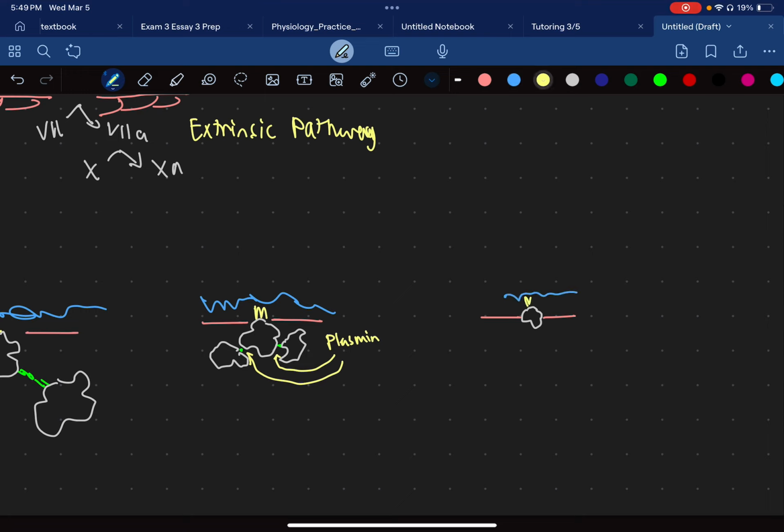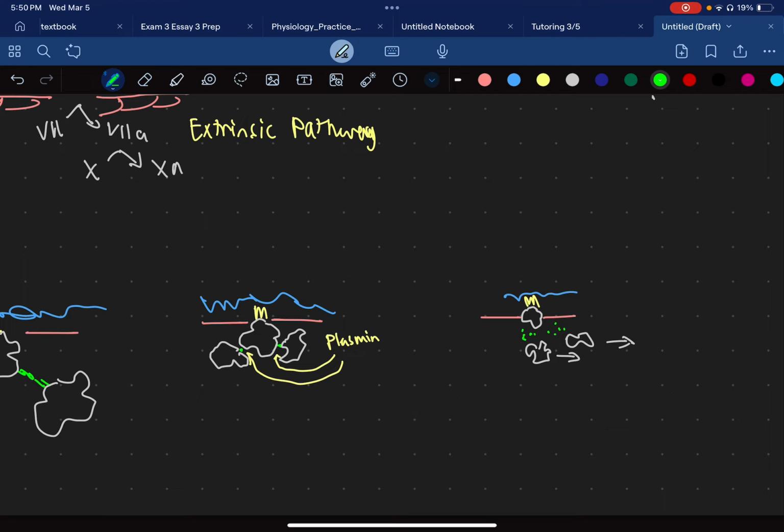But our connections with the other platelets will be gone. And they'll just go away. And our fibrin has just been broken up by the plasmin.